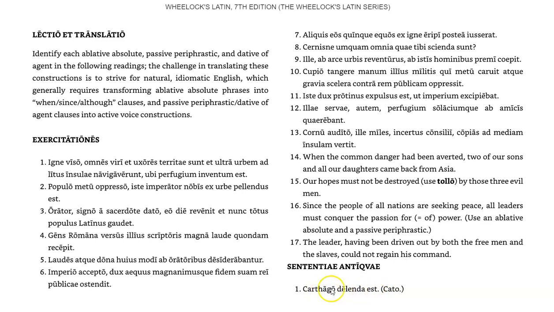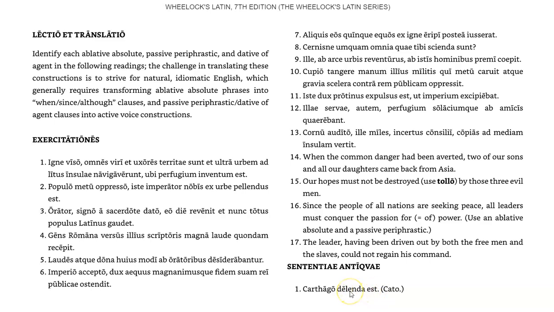Notice, if we don't recognize this as the gerundive, then, in other words, if we separate delenda and est, someone might translate this as Carthage is destroyed. That wouldn't be correct, because one, we'd be separating the two, and two, we'd be putting it in the present tense.